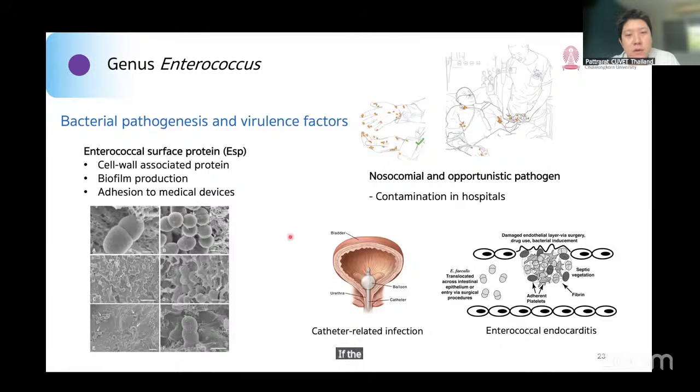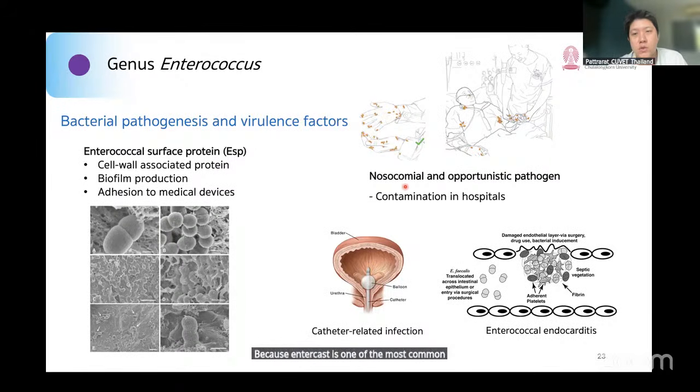If bacteria contaminate during catheterization, they can use the surface proteins to attach to the surface of the catheters and colonize and then cause urinary tract infection, because Enterococcus is one of the most common nosocomial and opportunistic pathogens contaminating hospitals.